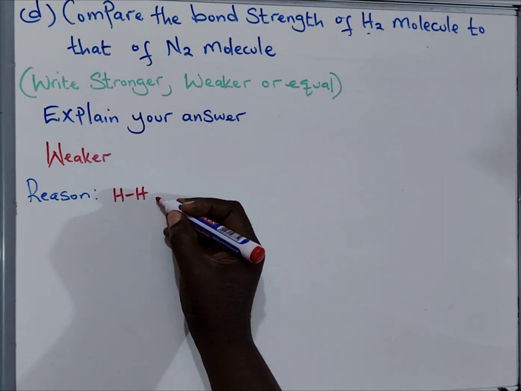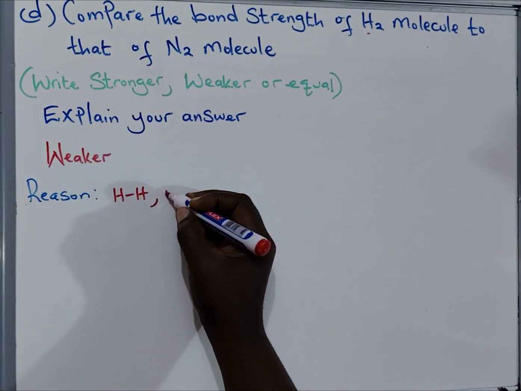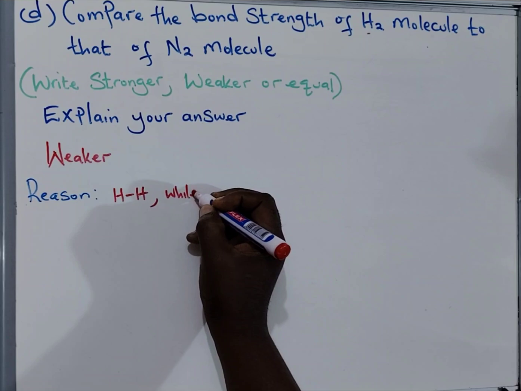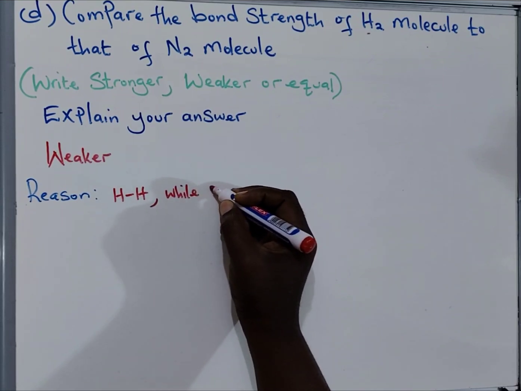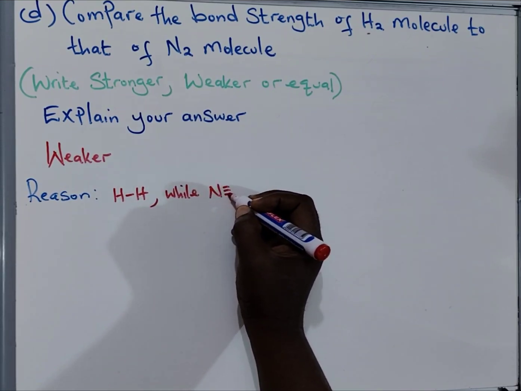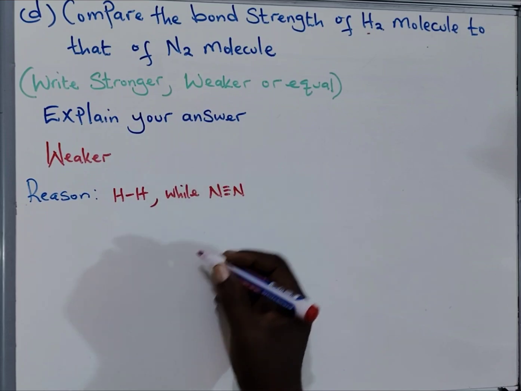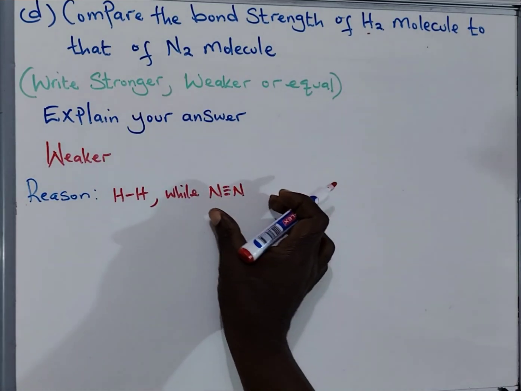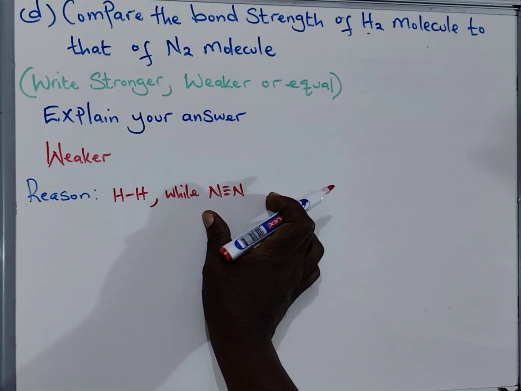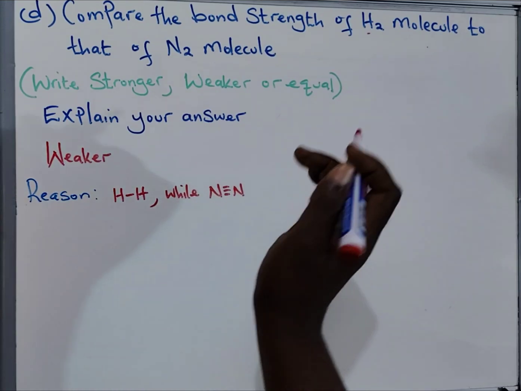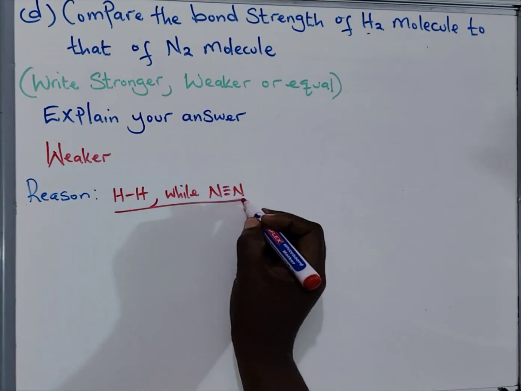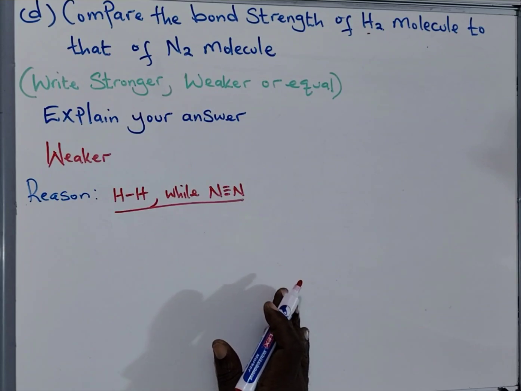While for nitrogen, we have this. The two nitrogen atoms are bonded by a triple bond. So that is where our explanation lies.